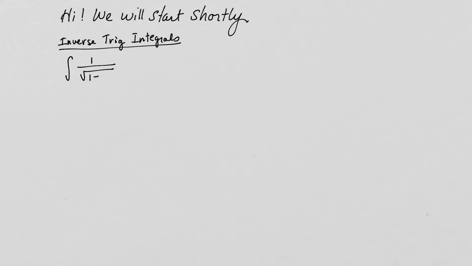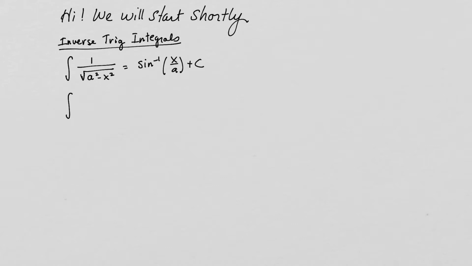They were split very nicely in one of my books, and this book is just not one of them. Okay. The integral of 1 over the square root of a squared minus x squared is equal to the inverse sine of x over a plus c.